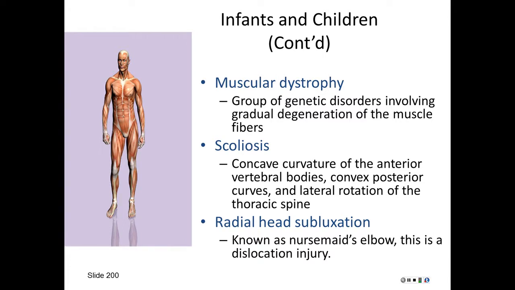And then radial head subluxation. It's better known as nursemaid's elbow. It's a dislocation injury, and I mentioned that it's common when you pick a kid up with only one arm. And you try to get them to get in the car, you can dislocate the elbow.